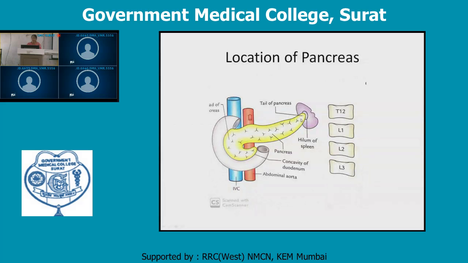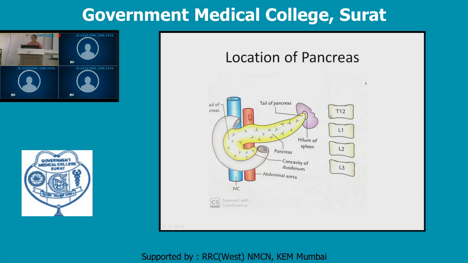And this tail part is especially rich in islets of Langerhans, and care should be taken during splenectomy. This part should be preserved, otherwise if this part is dissected out along with the spleen, it can cause diabetes mellitus because the islets of Langerhans are removed, and it lies in the lienorenal ligament.